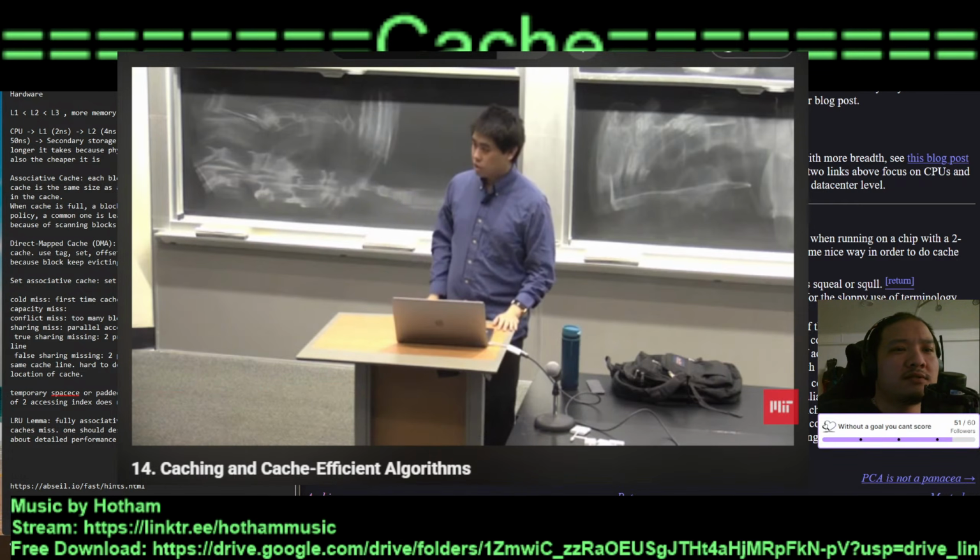So basically, this is saying if data is greater than cache size, then it would only incur at most a constant factor of cache misses.